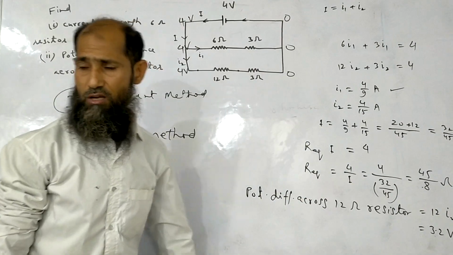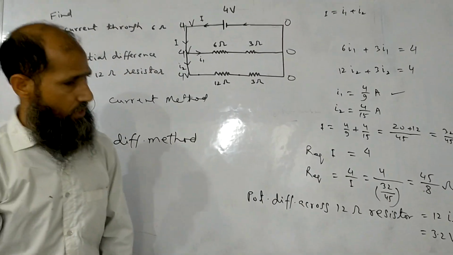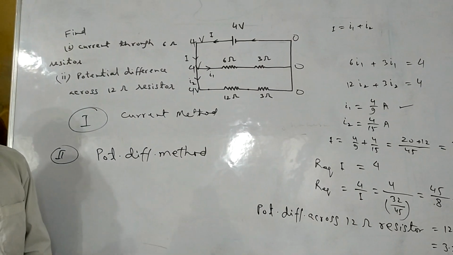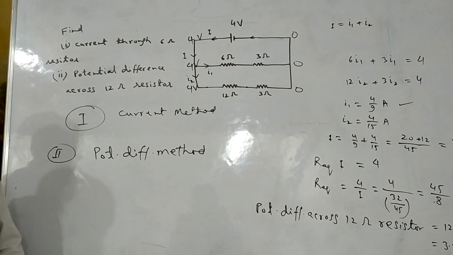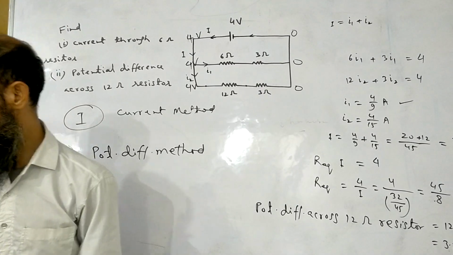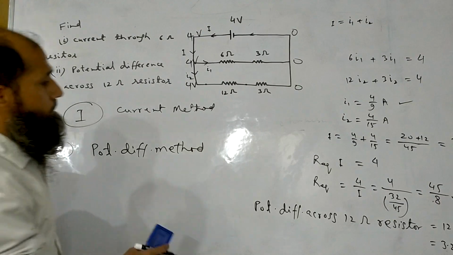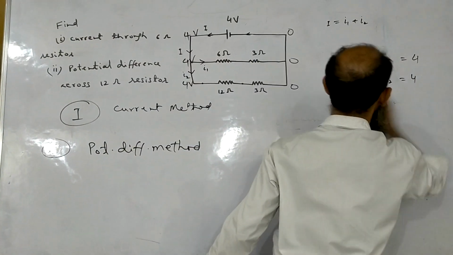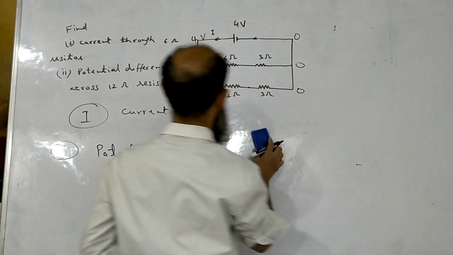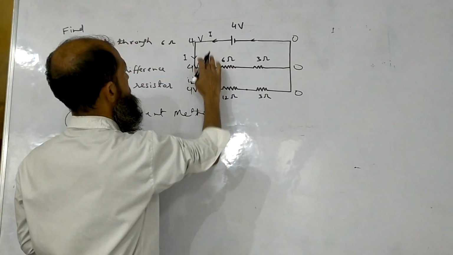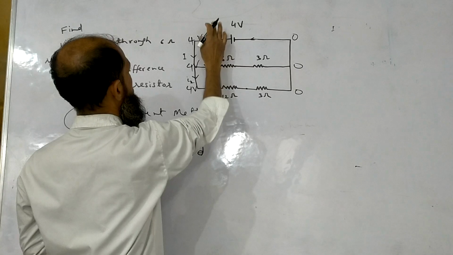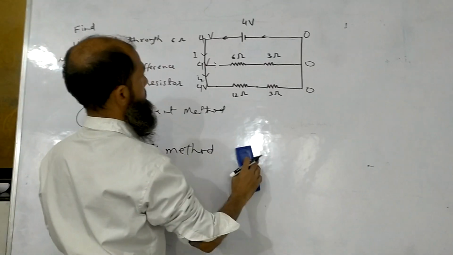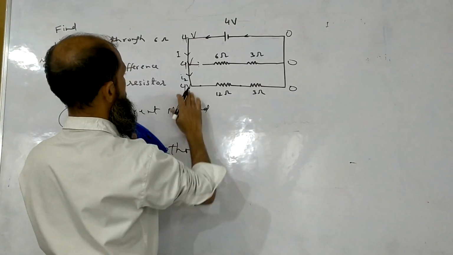I think you all would have understood. Now we are going to discuss the same problem through another method, that is called potential difference method. In this case, let us draw another circuit.